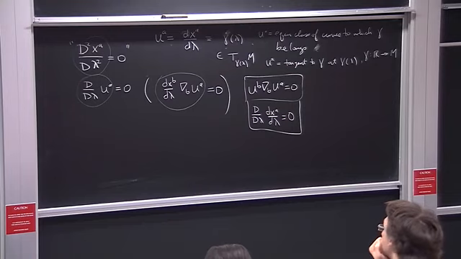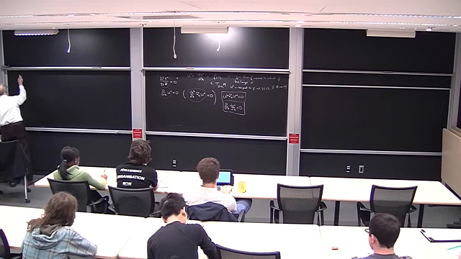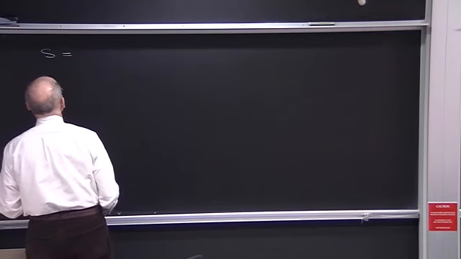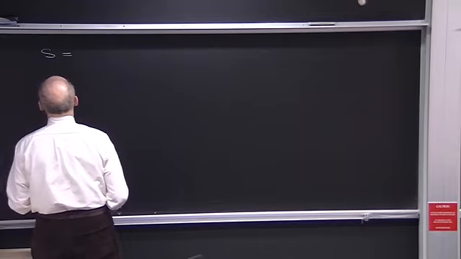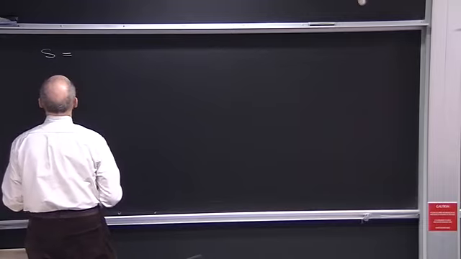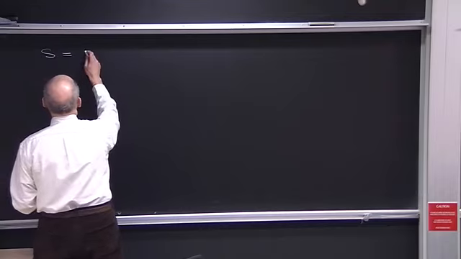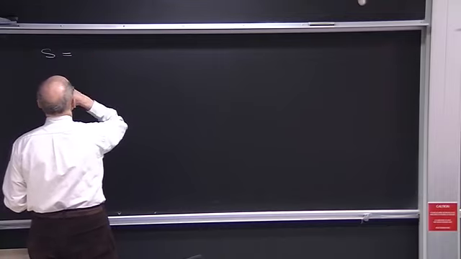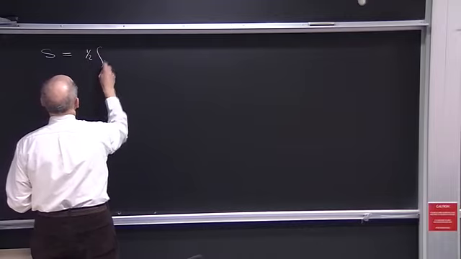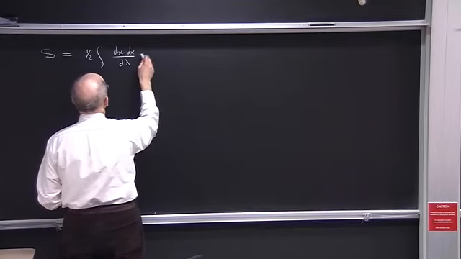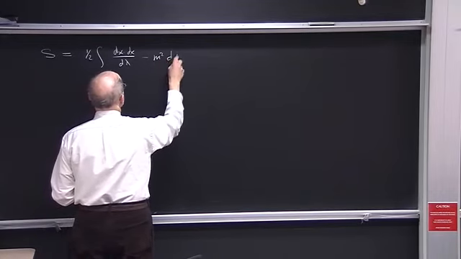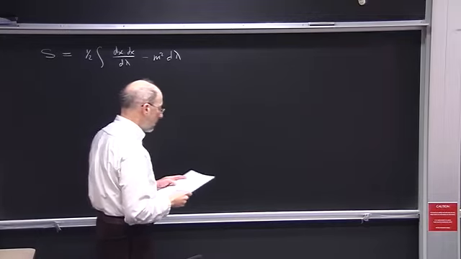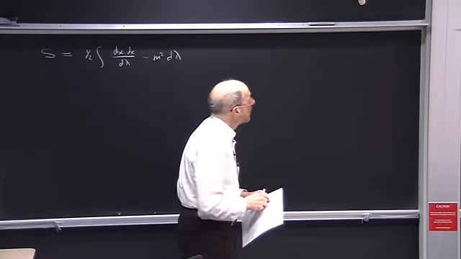Okay, so if you remember from last time, we had written down an action principle, which was that for an arbitrary space-like or time-like or null geodesic, the last two being the important cases, we had written an action for a particle of mass m, which was 1/2 integral of dx dot dx minus m squared d lambda, and traced out its consequences, derived the geodesic equation from it, and so on.